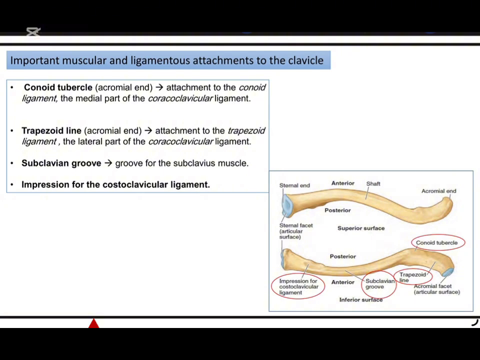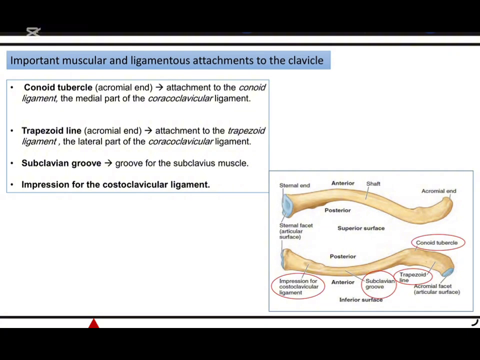We call it the coracoclavicular ligament. Why is it called coracoclavicular? According to its attachment. It is attached to the coracoid process and the clavicle. So I call it the coracoclavicular ligament. It has two parts.